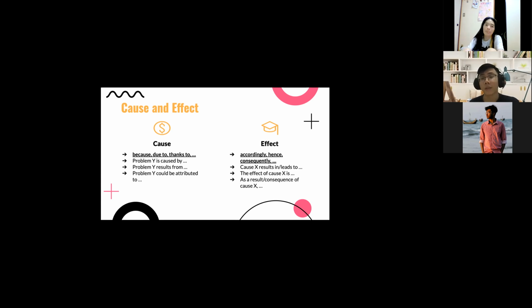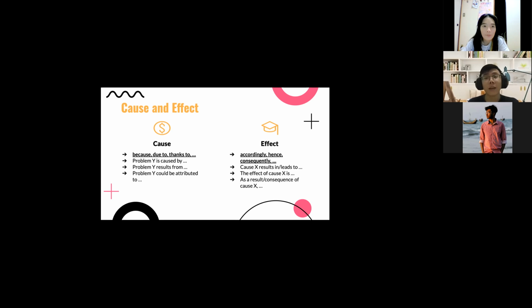On the cause side, you have the phrase "results from," and on the effect side, you have "results in." Remember the difference, because people tend to get mixed up between the two. "Results in" tells the effect, and "results from" tells the cause. So "cause X results in effect A, effect B, effect C."